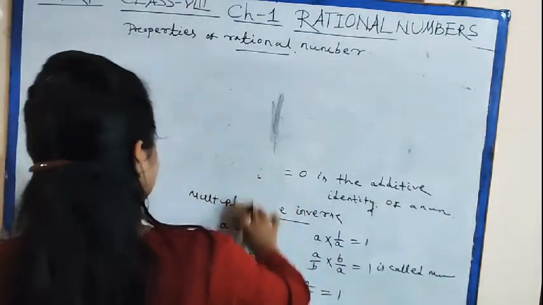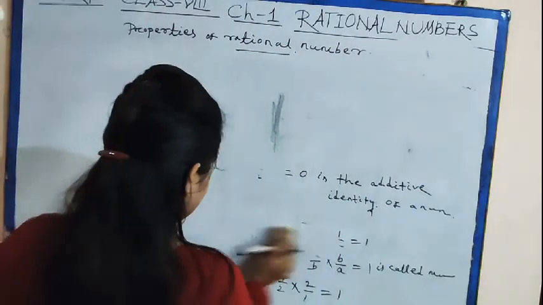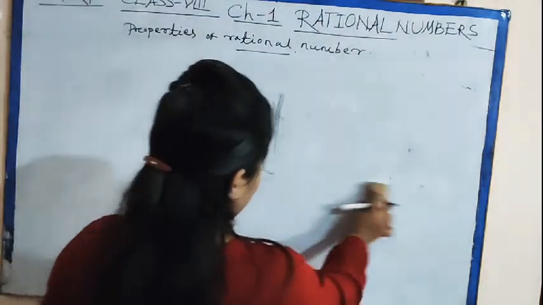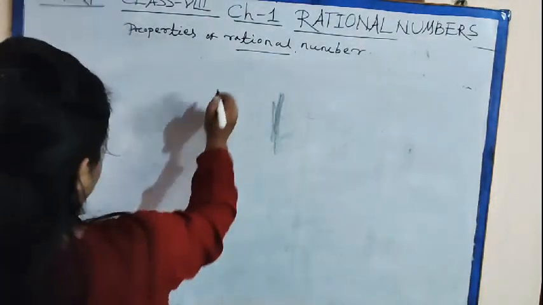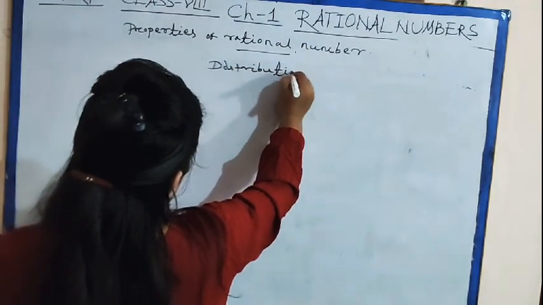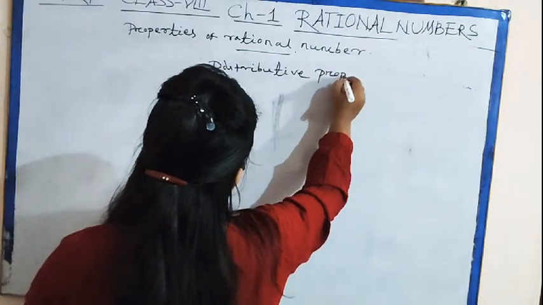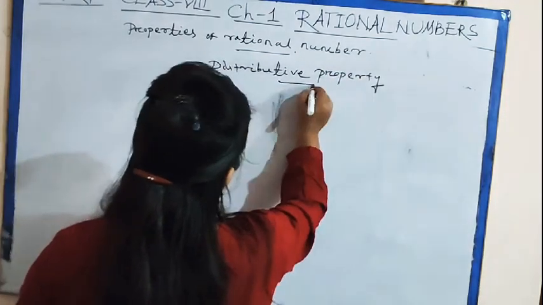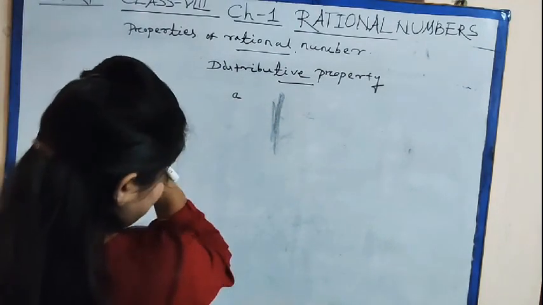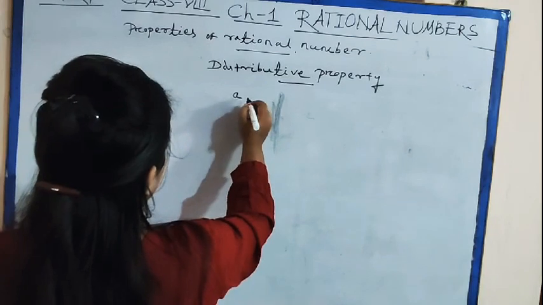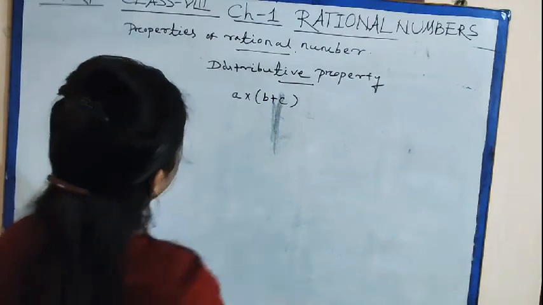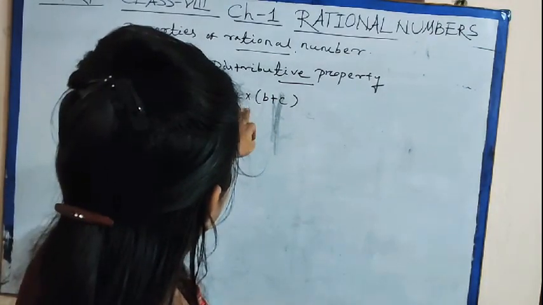Now the distributive property. What is the distributive property? You know, it is multiplication over addition and over subtraction. In general, if A is a number, B is a number and C is a number, we write A multiplied by (B plus C).